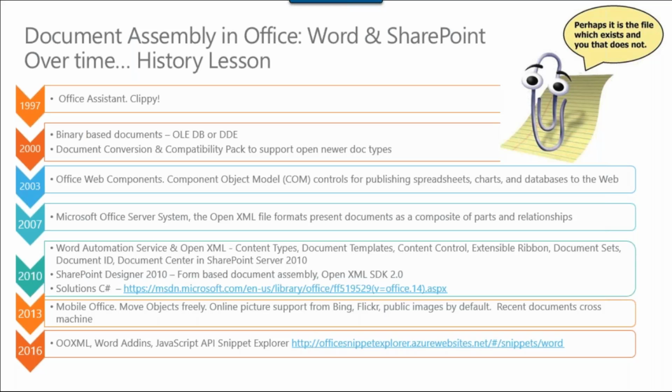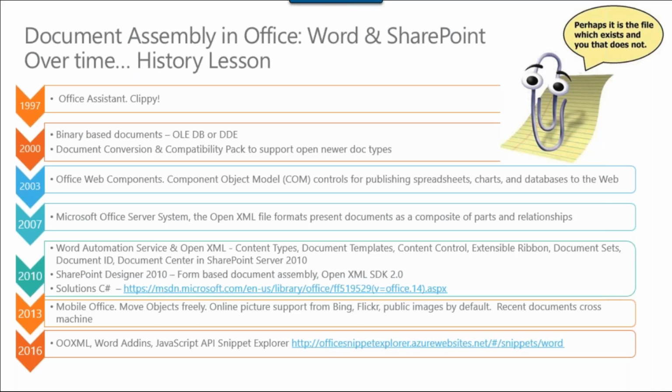There was a document conversion and compatibility pack that allowed you, with your older versions of Word, to open up the newer doc types. And from a component perspective, in 2003, we had the COM object model for working with your spreadsheets and charts in terms of if you're going to do any development against file types.